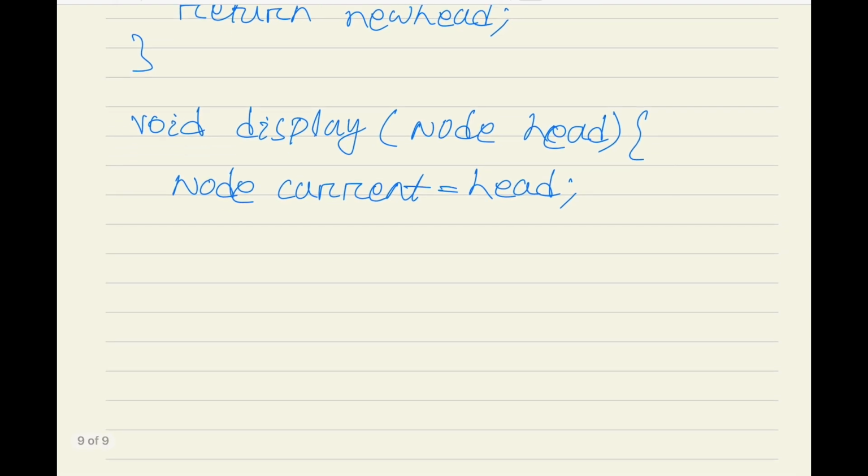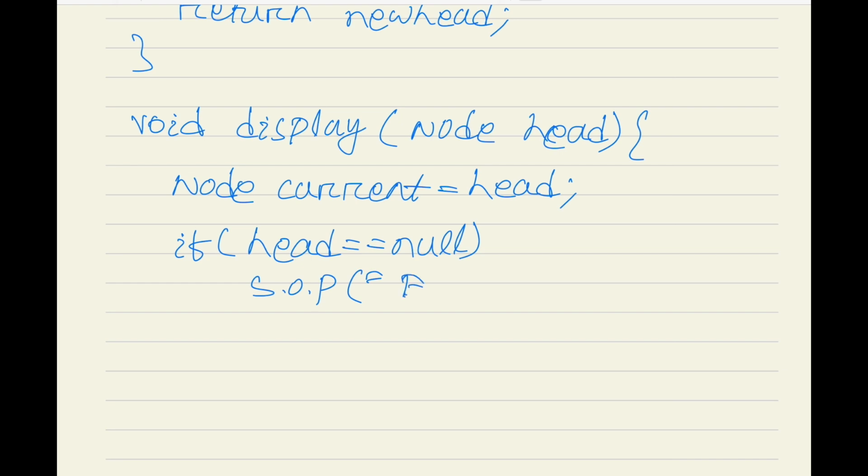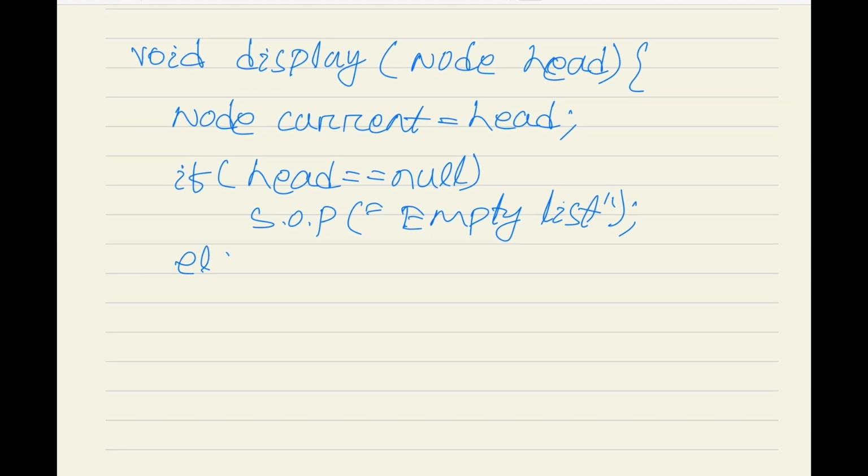Now we can write if head equal to null, that means the list is empty. So we can write System.out.println empty list, or we can write the list is empty like this. Else, that means if head not equal to null, so you can use a loop.